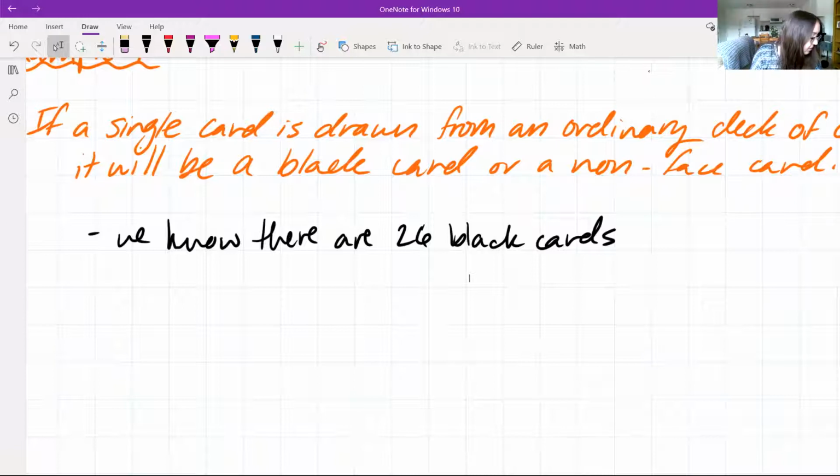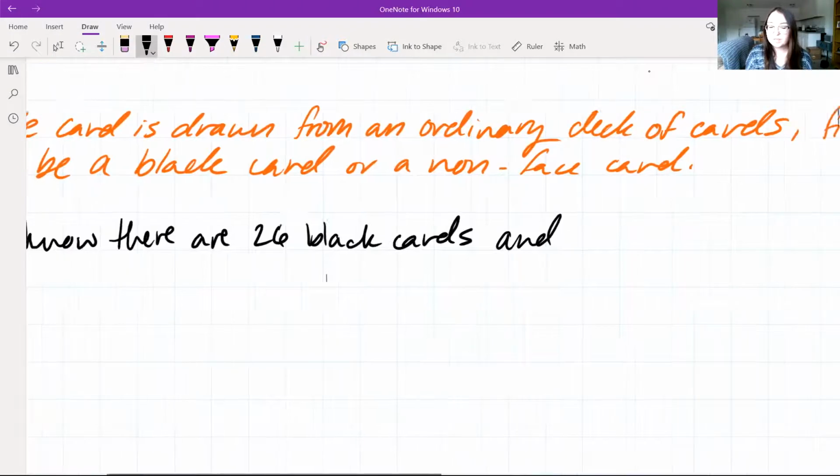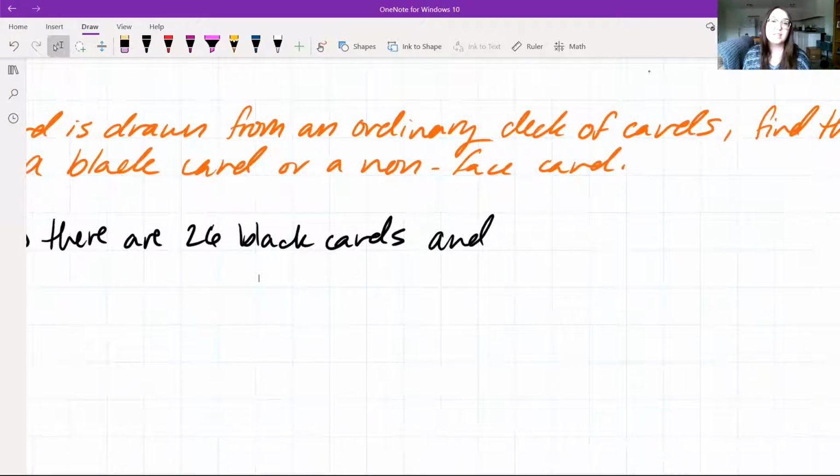So we know there are 26 black cards, and if we're thinking about non-face cards, there are 3 face cards in every suit: the jack, the queen, and the king. We're going to count our ace as a non-face card, which it is, but on occasion there's some confusion there. So the non-face cards are ace through 10, and our face cards are the jack, queen, and king.